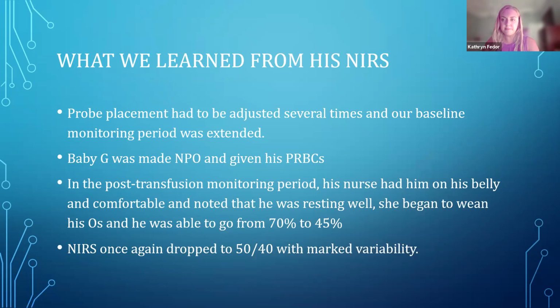His reading eventually did correct into a normalized level throughout his blood transfusion. And then these were just conversations we had. We would tell the physicians when we huddled that we had monitored the baby for 3 hours prior to transfusion, but we do feel like there was some element of not being able to capture a proper reading, whether the baby was just too small, or had some sort of artifact that was affecting his reading.